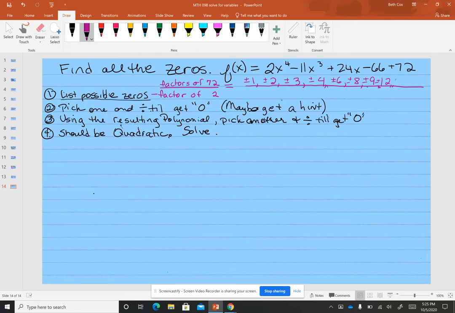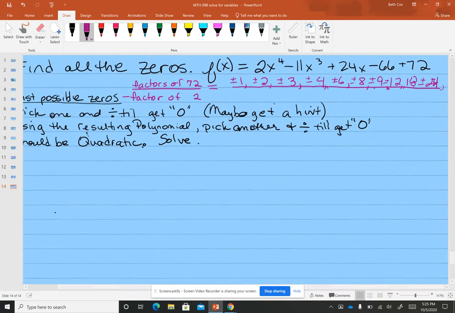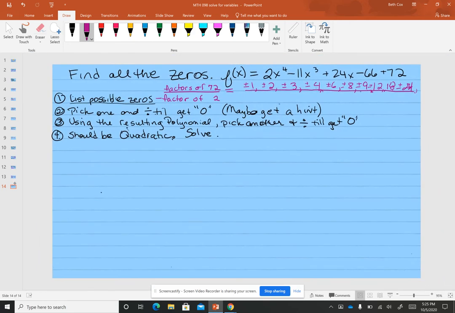So I think 12 and 18 goes in there. So 8 times 9, 6 times 12, 4 times 18, 3 times 24, and 36. Let's see if I can get 36 in there. Whoops. And 36. Okay. We'll go off the page. So all those are the factors of 72 over the factors of 2. Well, the factors of 2 are positive, negative 1, positive, negative 2. So there are a lot of choices here to pick from.